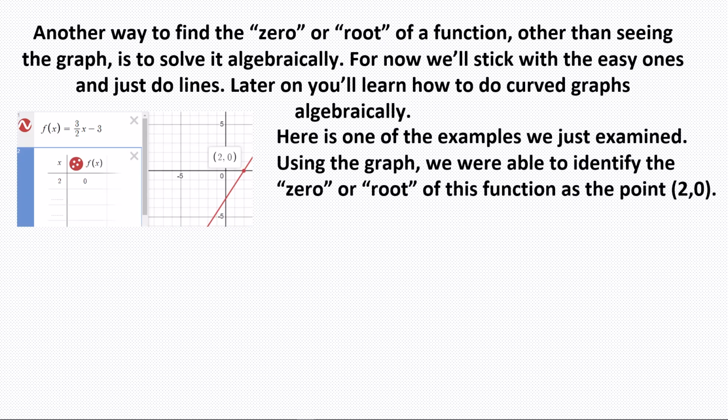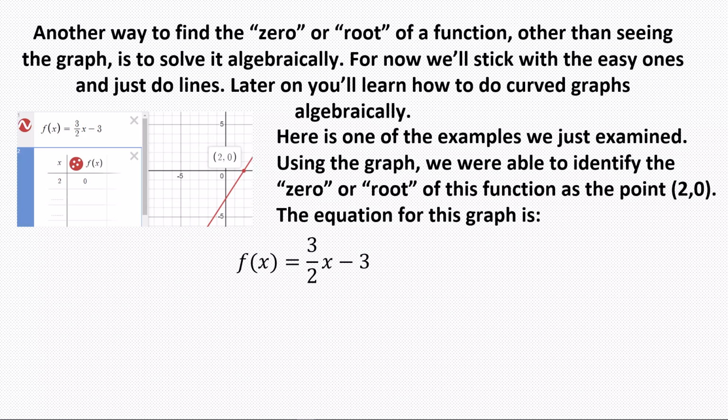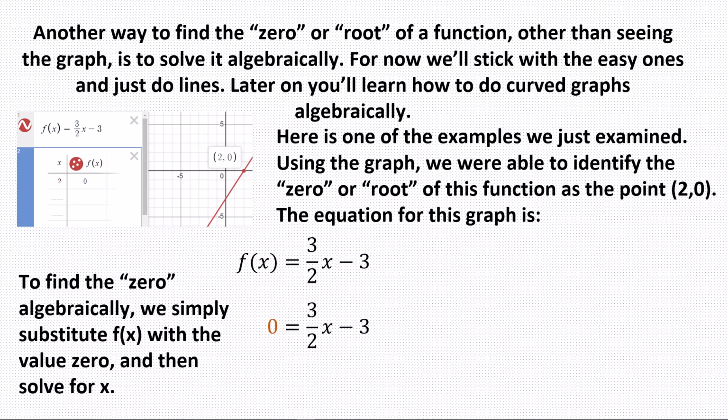Here is one of the examples we just examined. Using the graph, we were able to identify the zero, or root, of this function as the point 2, 0. The equation for this graph is f of x equals 3/2x minus 3. To find the zero algebraically, we simply substitute f of x with the value 0, and then solve for x.